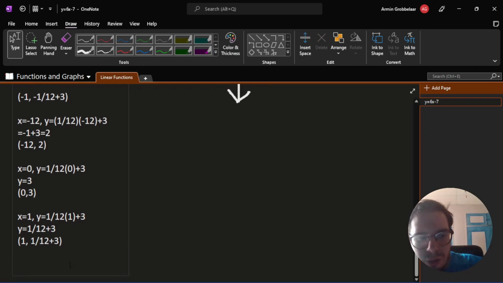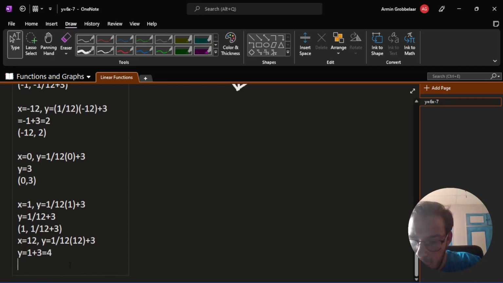So what I'm going to do is I'm going to choose x equal to 12. So then y is equal to 1/12 multiply by 12 plus 3. So y is equal to 1 plus 3 equal to 4. So our point is 12, 4.